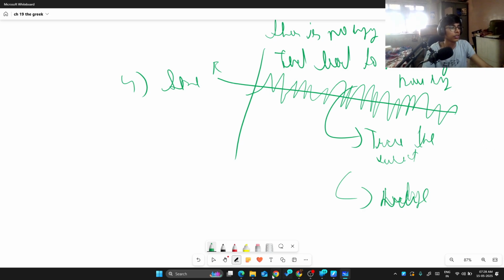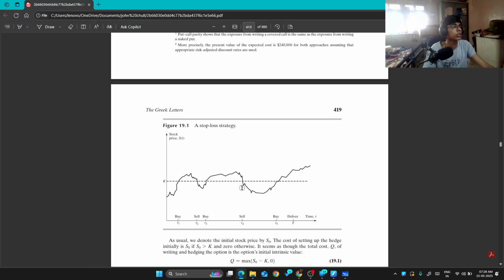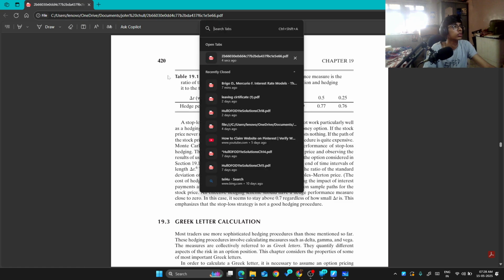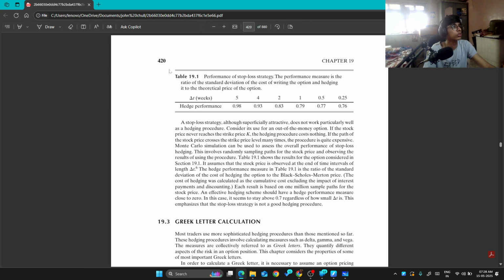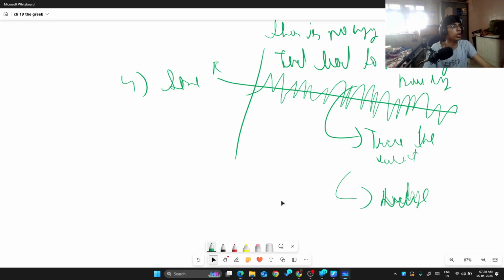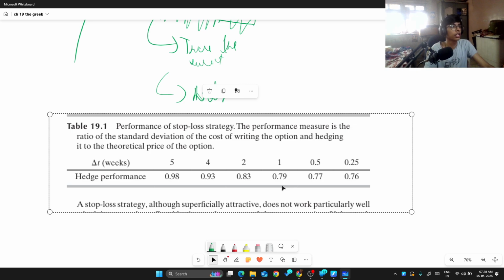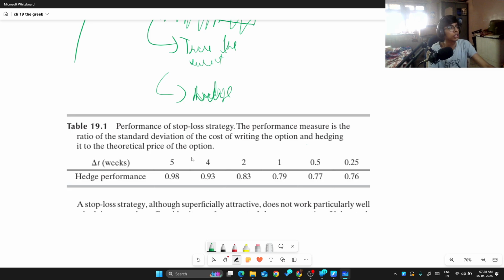Let me give you one flow chart. You can see that this is a Monte Carlo simulation of the performance measure, the ratio of the standard deviation of the cost of writing an option and hedging it to its theoretical price.